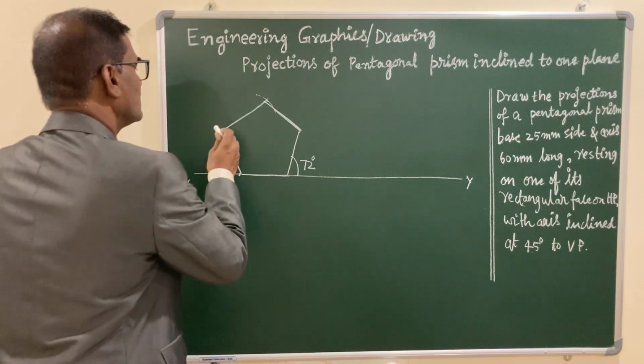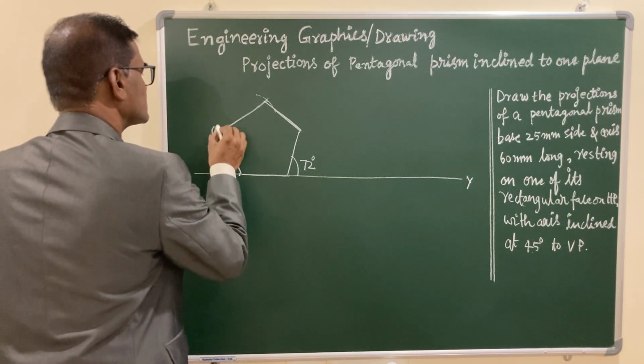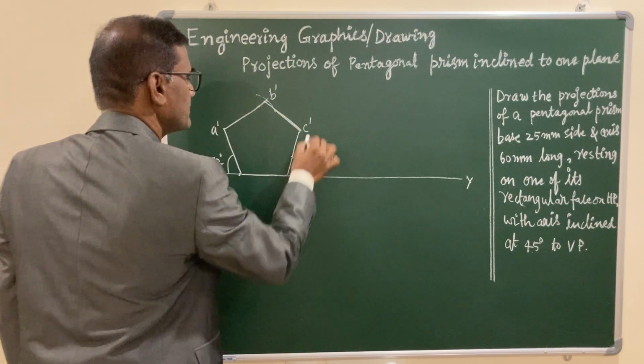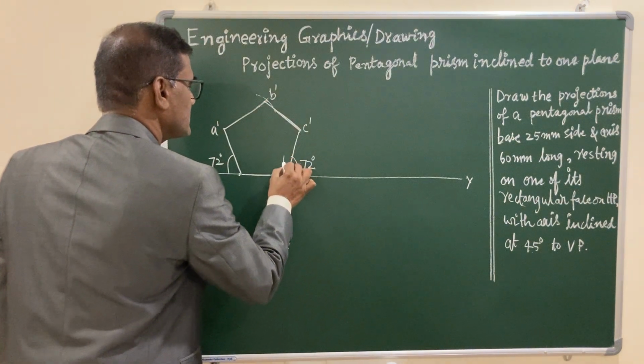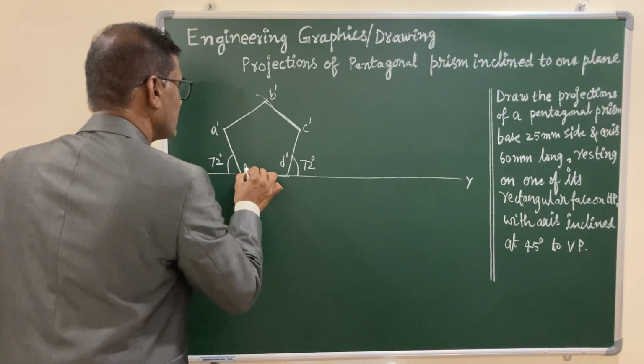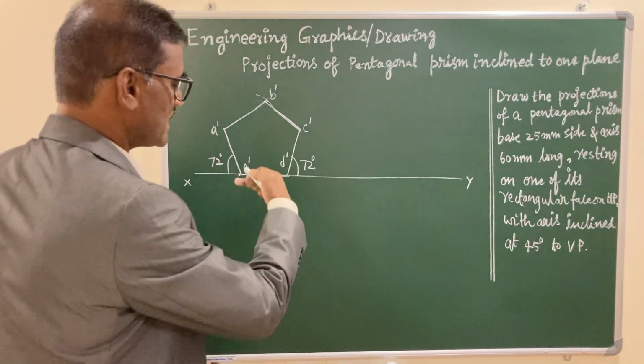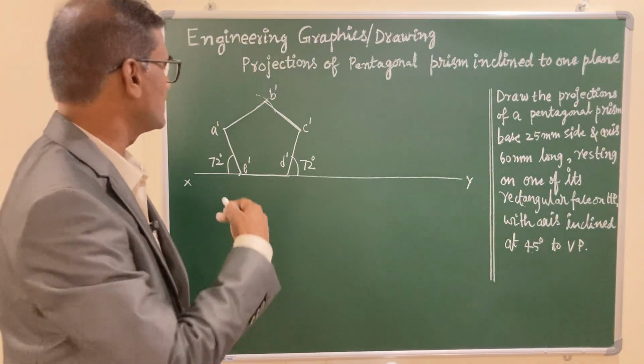Let us give the corners names: A prime, B prime, C prime, D prime and E prime. This represents the end face away from the plane, toward the observer.